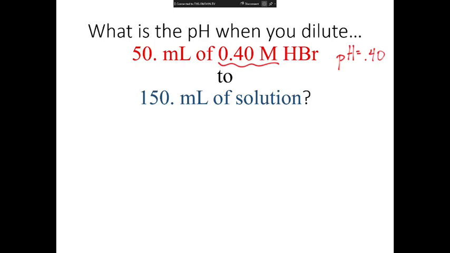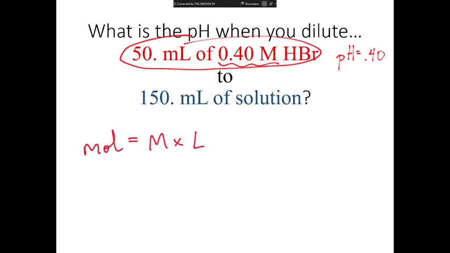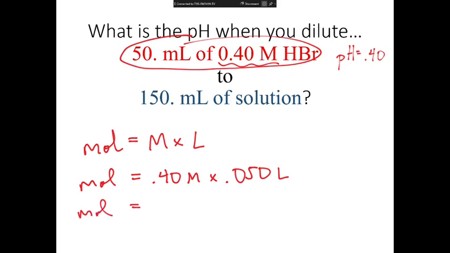Okay, let's dilute it. Let's take that same number of moles of HBr. Remember, to find the moles, I'm going to multiply the molarity times the liters. So here's my moles of HBr that I have in the first place: 0.40 molar times 0.050 liters, because that's the 50 milliliters. You have to use liters.